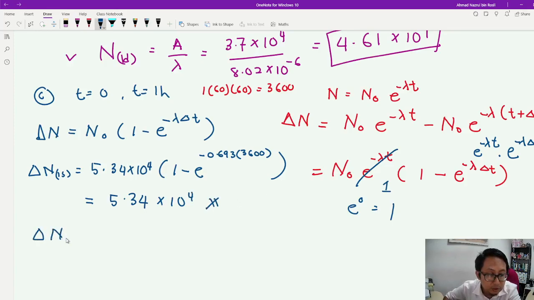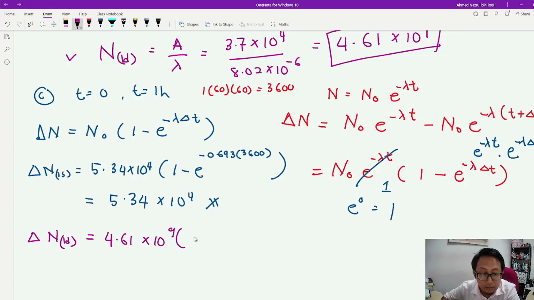Another source, which is 1 day. Changing the pen to purple to make it easier. We discuss this for the 1 day half-life source. For N, we have 4.61 times 10 power of 9.